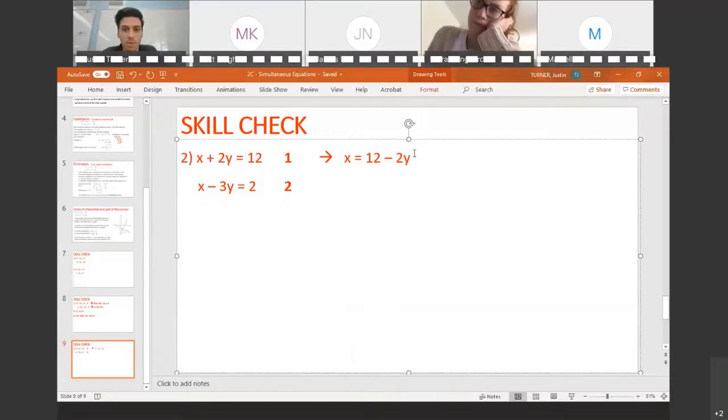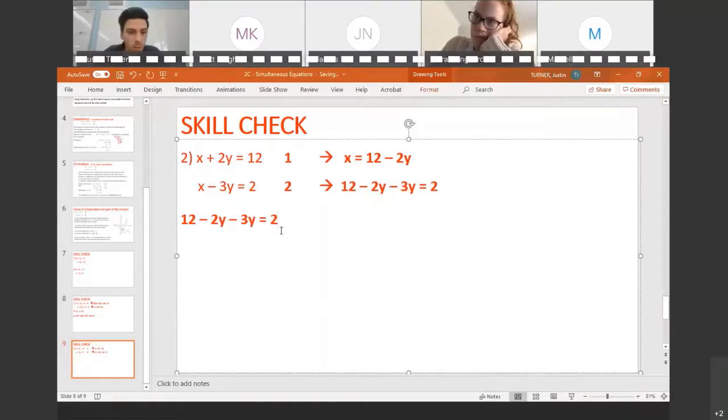So we've got x is equal to 12 minus 2y here. So now I'm going to plug that into here. So instead of writing x, I'm just going to write 12 minus 2y. 12 minus 2y minus 3y is equal to 2. All right, now this is the equation we need to solve. Because these are like terms, we can join them together.